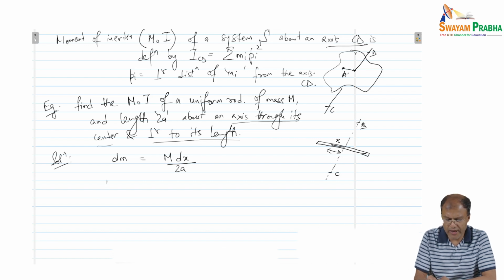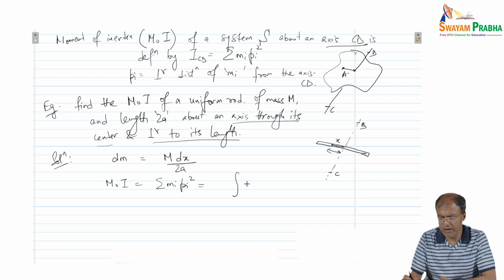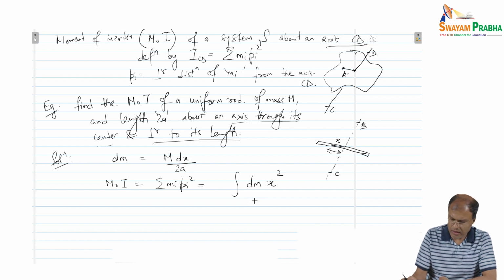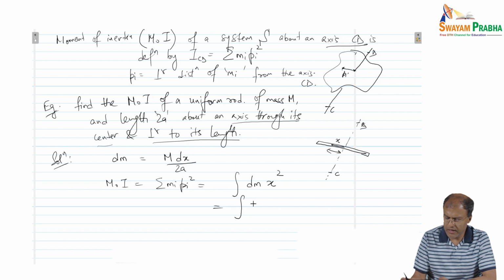Right? So if we want to find this moment of inertia, this will be summation m_i p_i square, and then we change this to an integral, so this becomes integral x square dm. So that's my moment of inertia. And dm is m times dx by 2a.